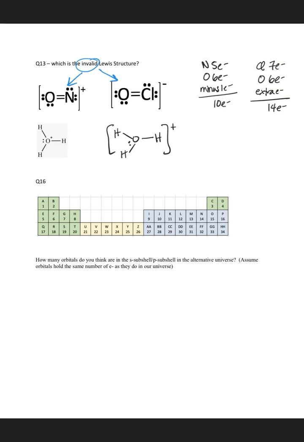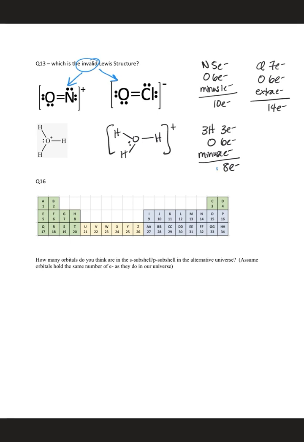So normally you would have 3 hydrogens bring 3 electrons. We've got 1 oxygen that brings 6 electrons. And we have a plus sign, so we're going to do minus an electron. And so that's going to give us 8 electrons. So let's count. 2, 4, 6, 8. So that's good.